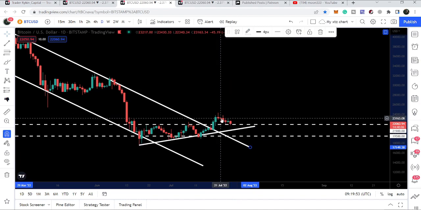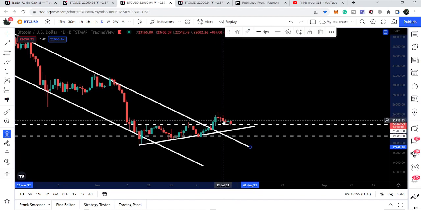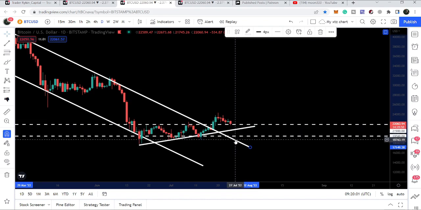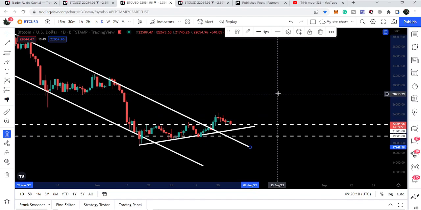We have quite a sideways move here, therefore it can move down up to approximately $18,500, and after testing this resistance as a support, in case of successful retest, we may have another reversal move.